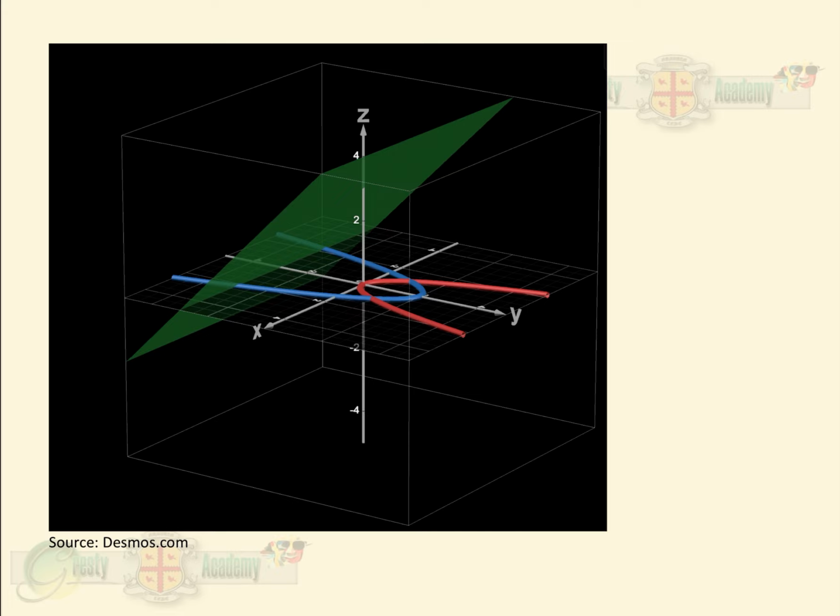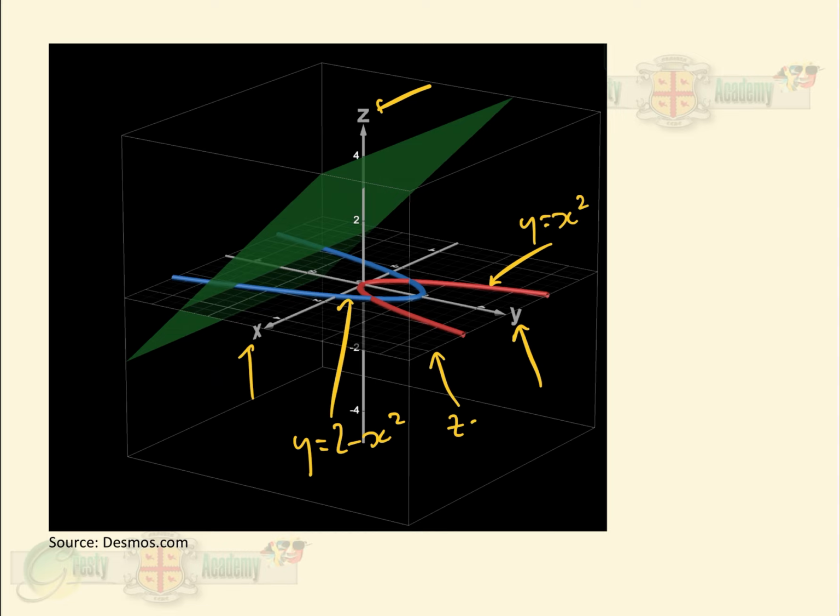Basically here we have the y-axis, the x-axis, and the z-axis. This one here is y equals x squared. The blue one is y equals 2 minus x squared. Clearly the xy plane is z equals 0, and this green one here is the plane z equals y plus 4.